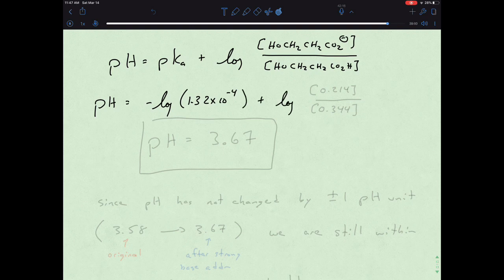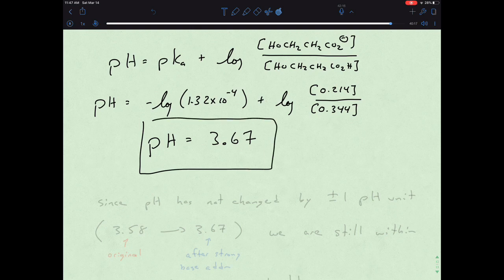And now we want to add to that the log of the ratio of 0.214 molar for the conjugate base glycolate over 0.344 molar, the parent acid glycolic acid. And when we do that, we get a pH of 3.67.